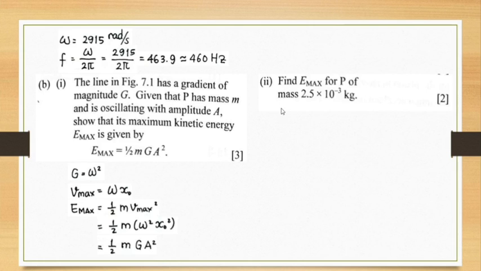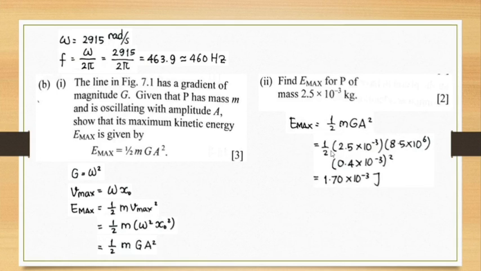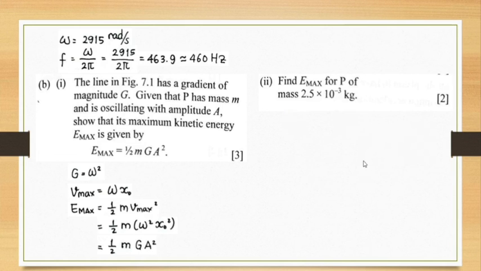And last question, find the maximum kinetic energy for P of mass 2.5 times 10 to the minus 3 kilograms. We'll just have to use this equation. Kinetic energy maximum is equal to a half m g a squared. m is given, g is what we calculated, the gradient, and a, the amplitude, is 0.4 times 10 to the minus 3.